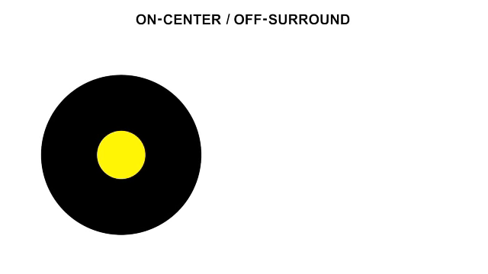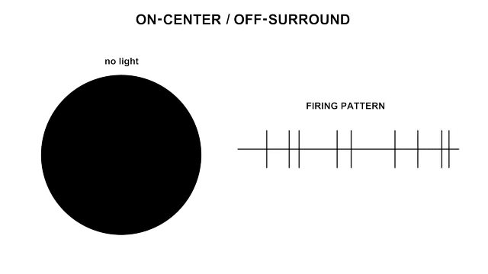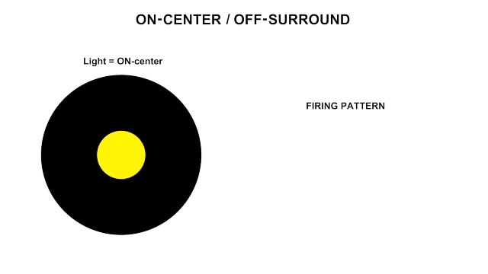These receptive fields fall into two categories, the off-center on-surround and the on-center off-surround. In RGCs with an on-center off-surround receptive field, when there is no light stimulus, the RGC fires at a baseline rate. When a light spot coincides with the on-center, the firing rate is at a maximum during the stimulus.